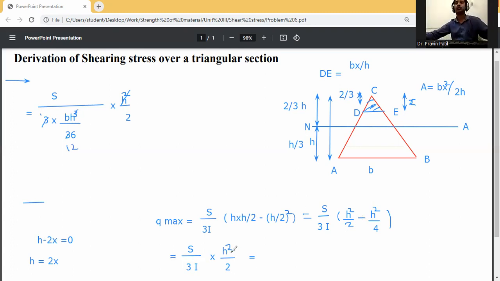Sorry, this one is H square by 4. So this value will be H square by 4. Sorry, okay, I will rewrite this equation once again.